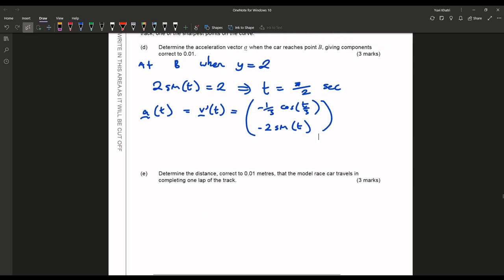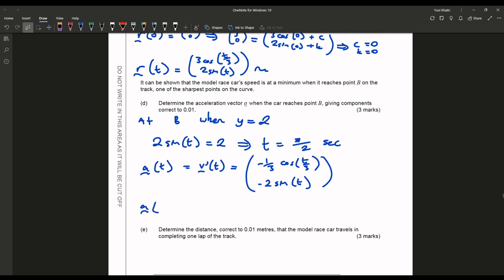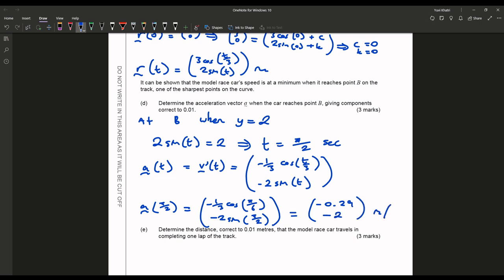Now we just need the acceleration at t equals pi over 2: negative 1/3 cosine of pi over 6, and negative 2 sine of pi over 2. Because it wants components correct to 0.01, we want decimals, and we get negative 0.29, and negative 2 meters per second squared.